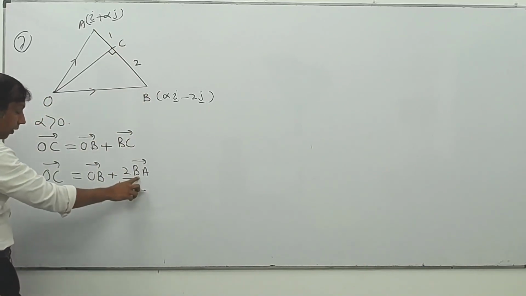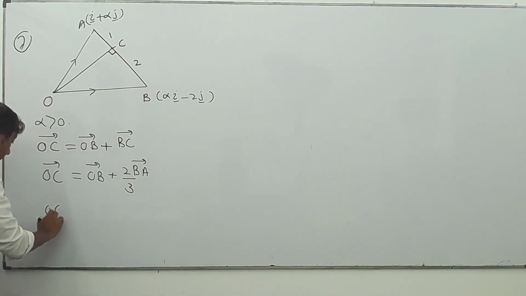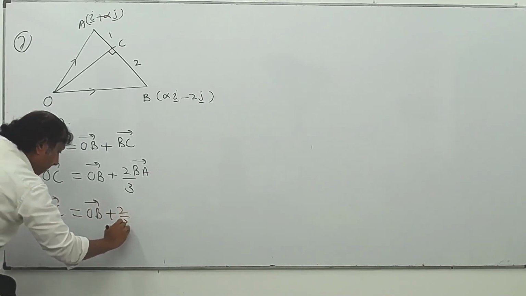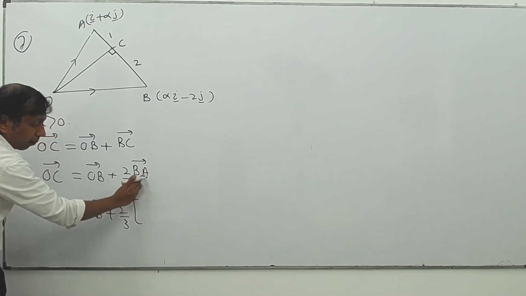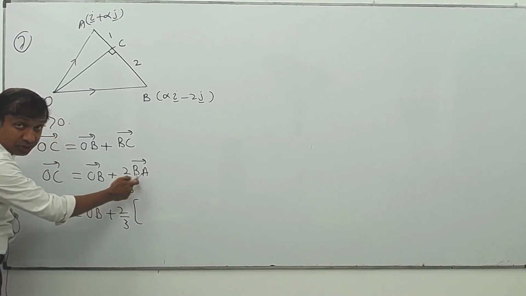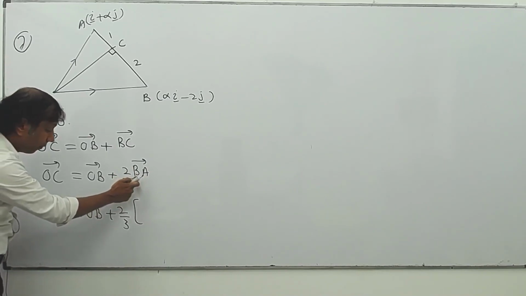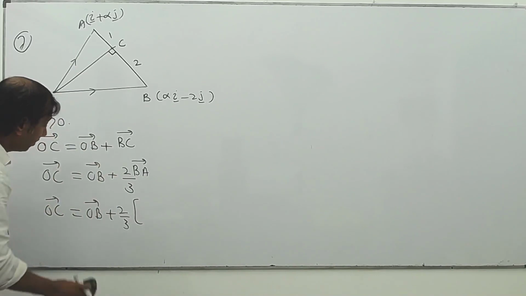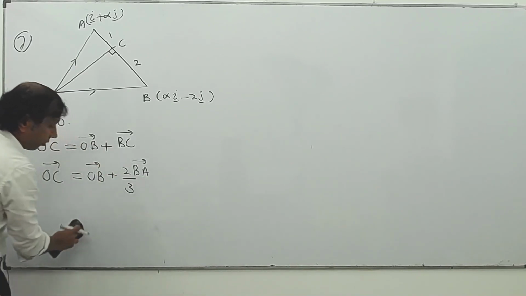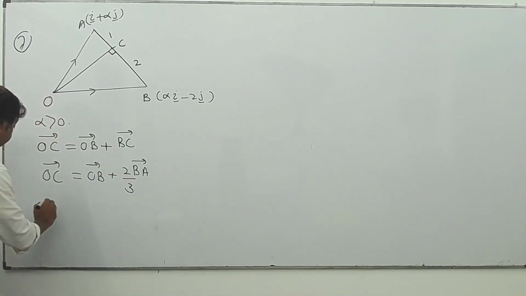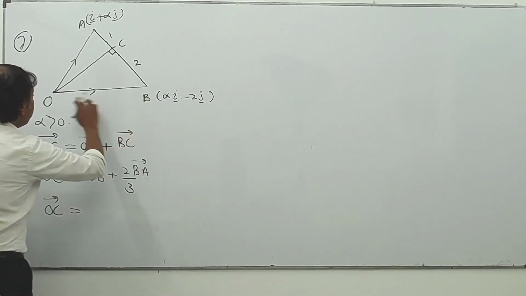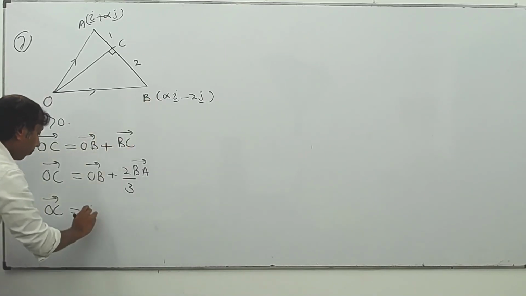But what is BA? BA means what, people? How to write BA? We know BA vector is the second letter position vector minus the first letter position vector. No? That's the method. Then shall we directly substitute and write? Then we can save one more step, right? Okay, right. OC: OB vector means position vector of B, no?